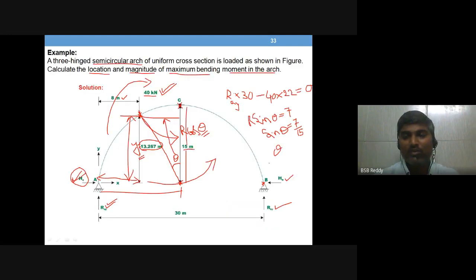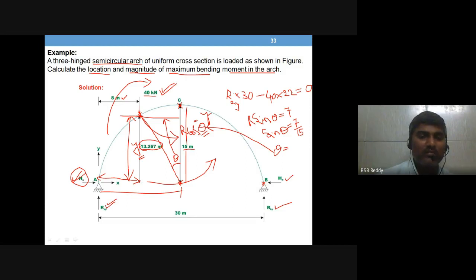Now you work out what theta is, and substitute this theta into R cos theta. That will give you the Y value, nothing but 13.267. Understood?